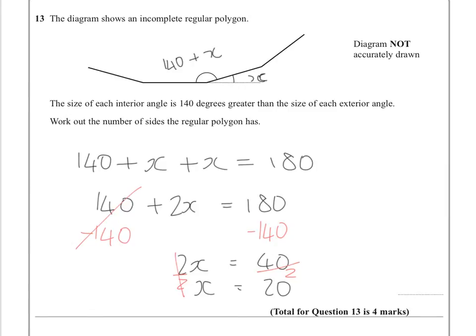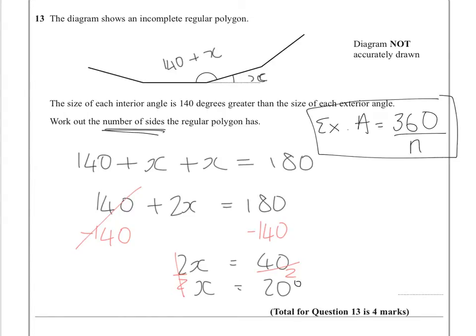So therefore I know that the exterior angle is 20 degrees, but I need to work out the number of sides of the polygon. Well, now my formula for exterior angle equals 360 degrees divided by the number of sides, and that's one to learn.